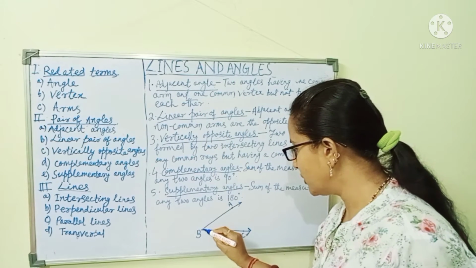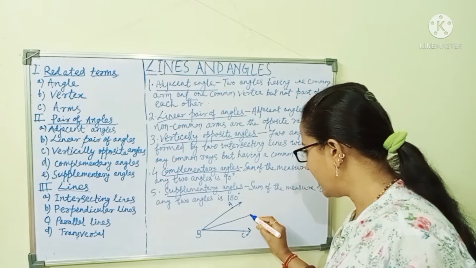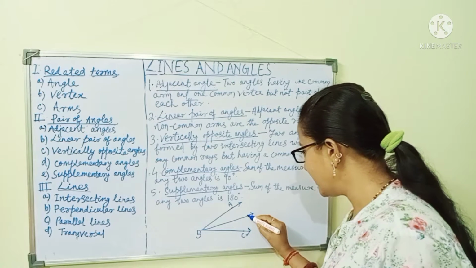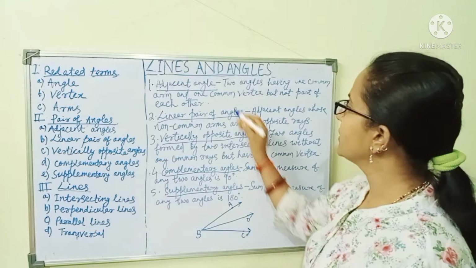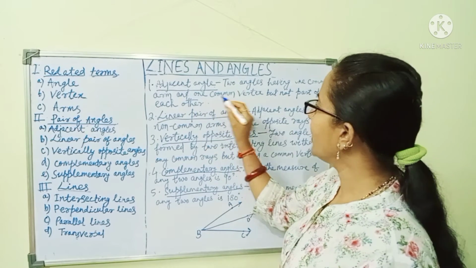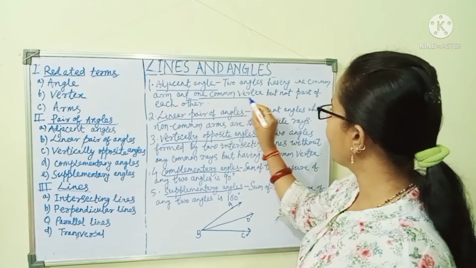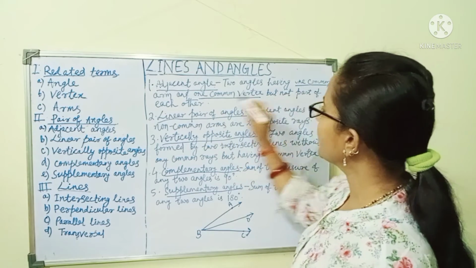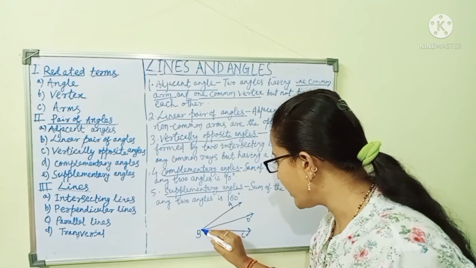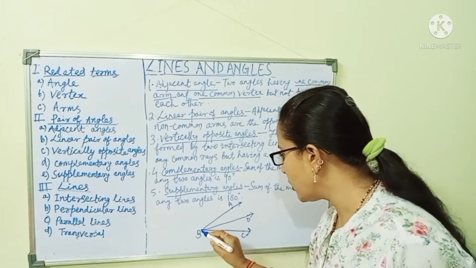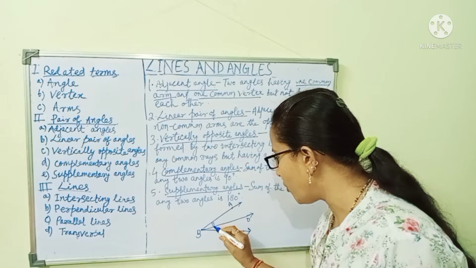If I take one common arm as D, BD is the common arm, and one common vertex. Now this is the vertex, one common vertex where the two angles are formed.